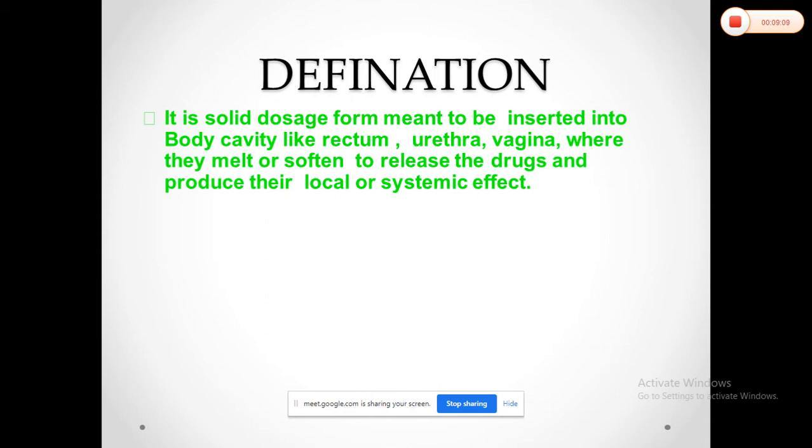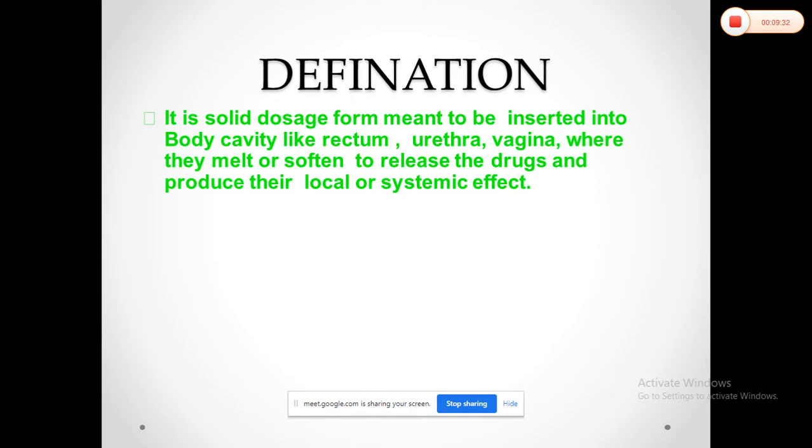Apart from that, these semi-solid dosage forms are meant for insertion into the body cavity. Suppositories are divided depending upon the route of administration, or depending upon the base we are using, which we will see later on.